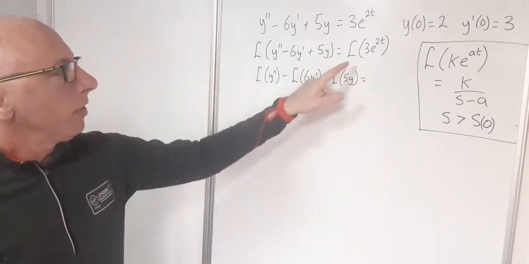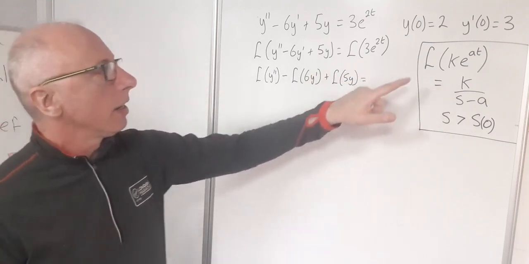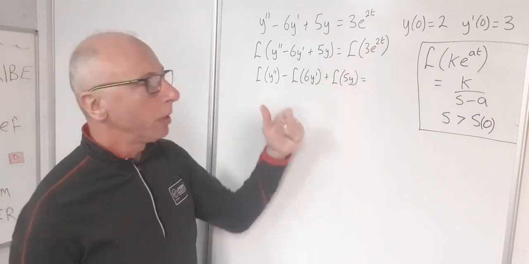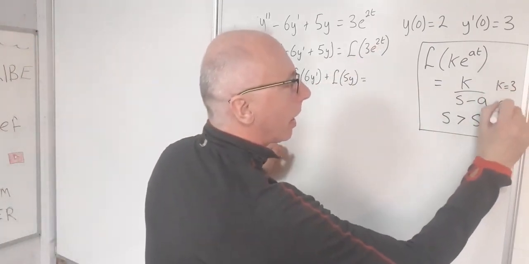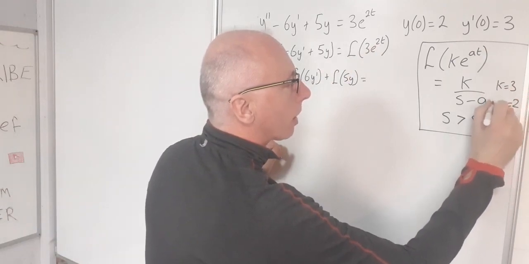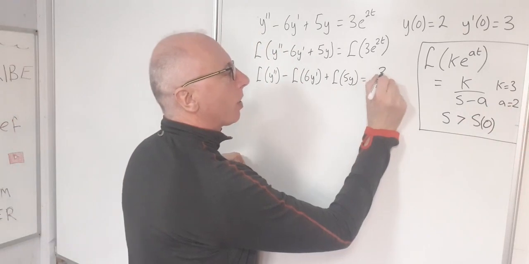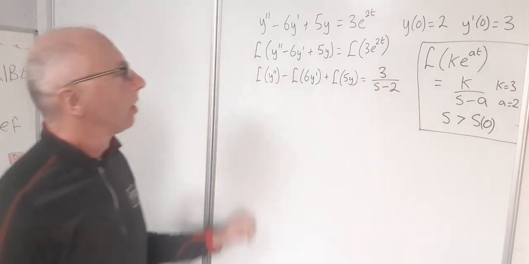Now, instead of leaving this as Laplace, I can substitute straight in our values here. Now for this one here, k would be 3 and my a would be 2. So k equals 3, a equals 2. Just take a note of that. So let's write that into there. So I've got 3 over s minus 2.